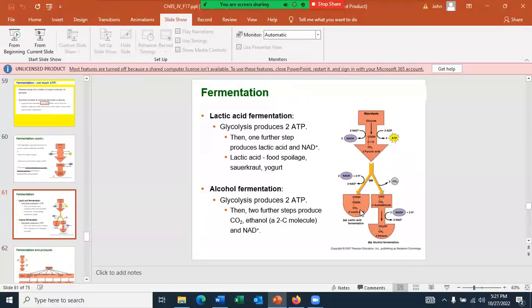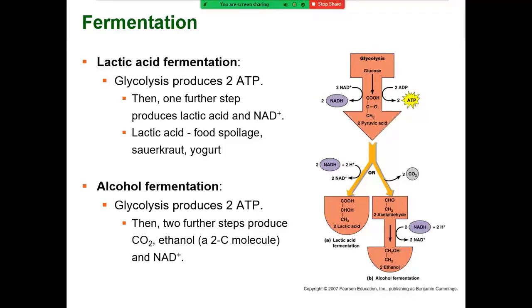All right, there are two types of fermentation we want to briefly discuss. Lactic acid fermentation, that just puts on one fermentation reaction after glycolysis, converting pyruvic acid into lactic acid. This is actually very common, lactic acid fermentation.